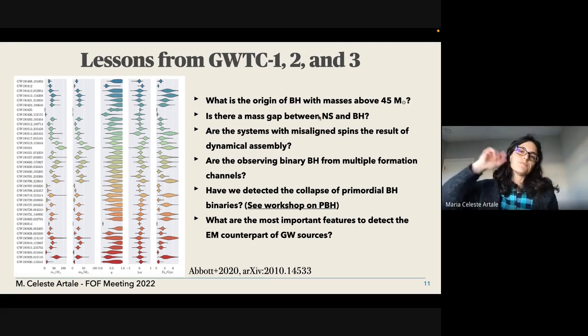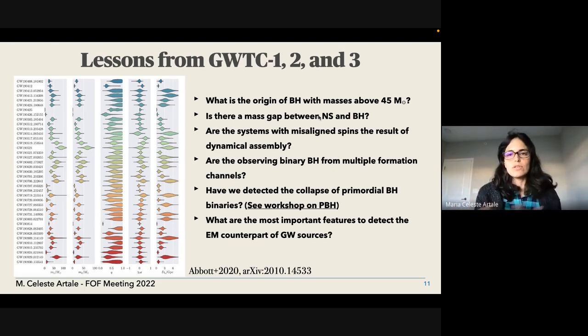There is also a mass gap between the masses of the neutron stars and the black holes, and from the stellar evolution models there is not a clear explanation for that. Since we started to cover this range, we are wondering if this mass gap between neutron stars and black holes exists or not.